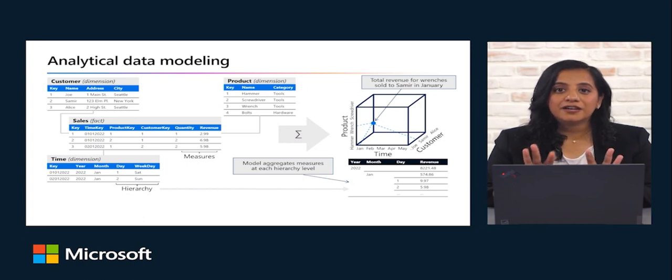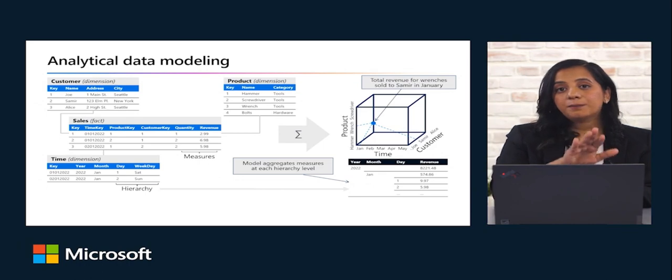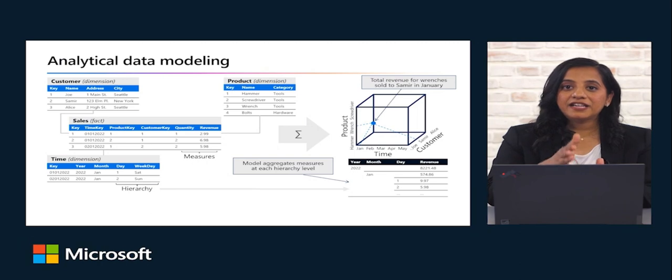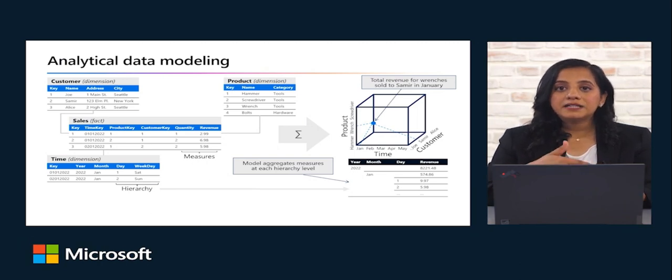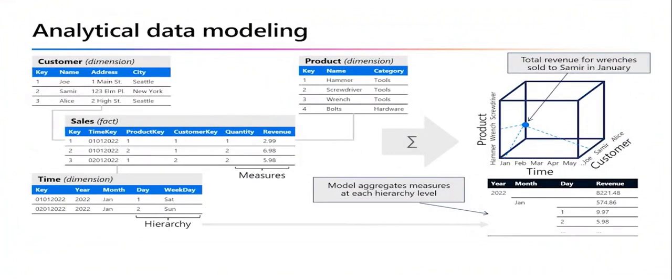For example, consider the attributes in the dimension tables we have discussed so far. In the product table, you can form a hierarchy in which category might include multiple named products. Similarly, in the customer table, a hierarchy could be formed to represent multiple named customers in each city.